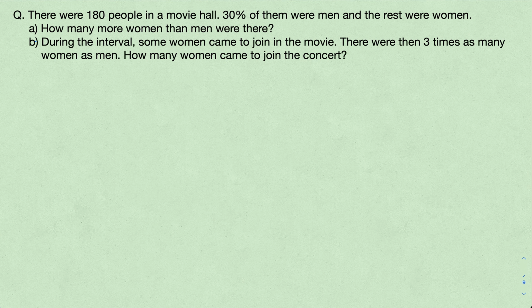Now, what we have here is that there were 180 people in the movie hall, and out of those 180 people, 30% of them were men. That means the remaining were women, obviously, right? So let's start solving it. What we are given here is that men were 30%.